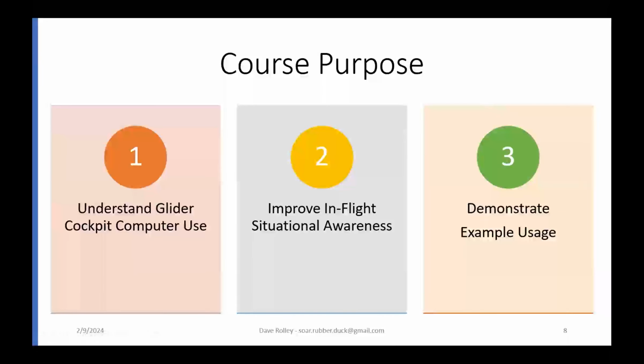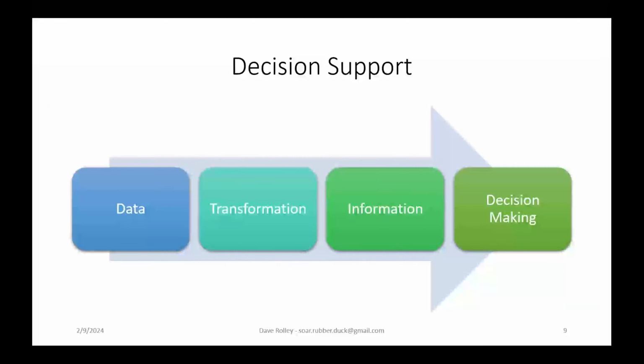Going through our course materials, our purpose tonight is to help folks understand glider cockpit computer use, improve in-flight situational awareness by using them, and give a little bit of a demonstration on what it looks like to use one of these computers. We're back around to our decision support.